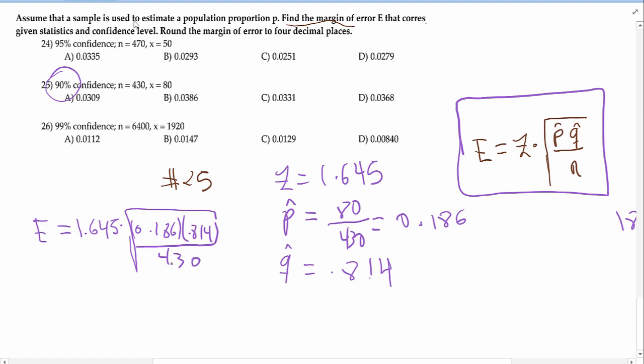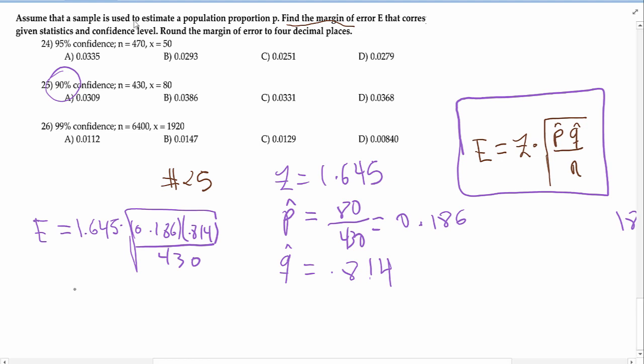Let's calculate that number. 0.186 times 0.814 divided by 430, the square root of that, times 1.645.